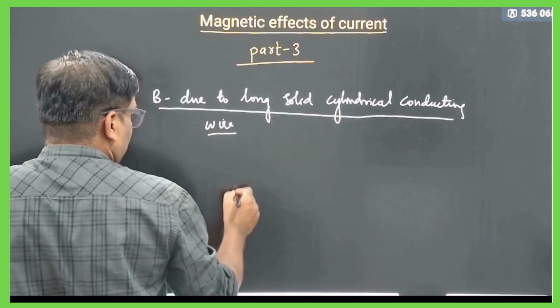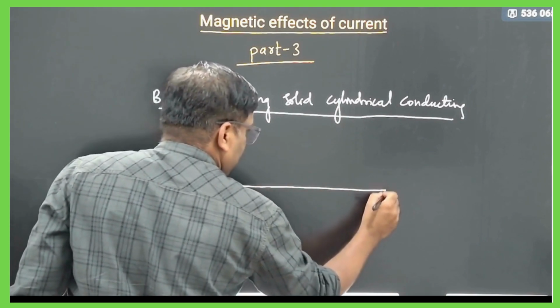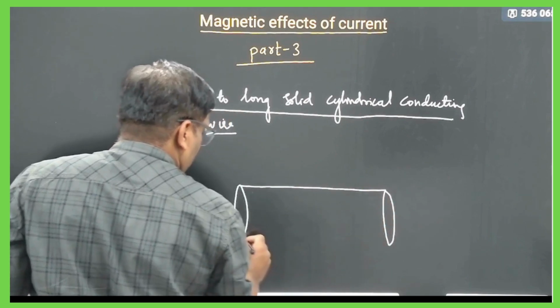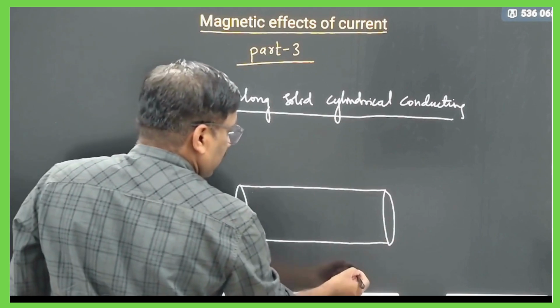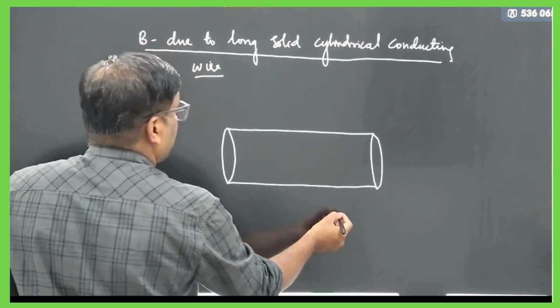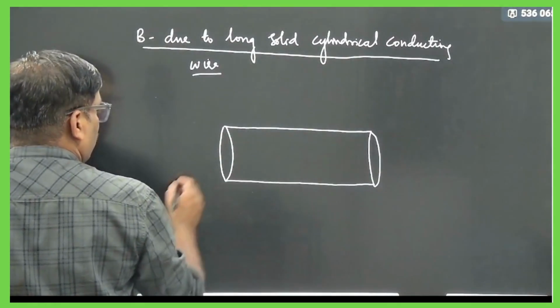Here we'll consider one solid cylinder, a full solid cylindrical part. One more condition we are going to see is that the current flowing through it is constant, or uniform.